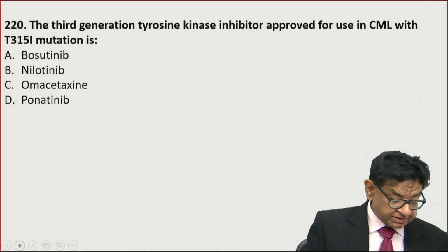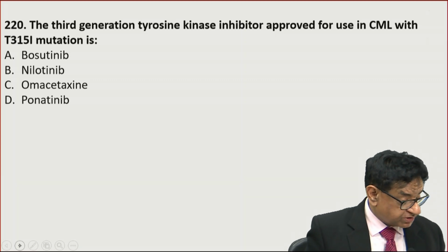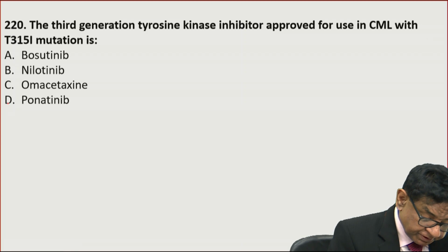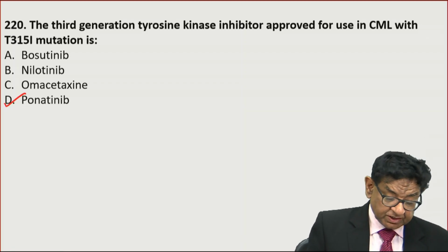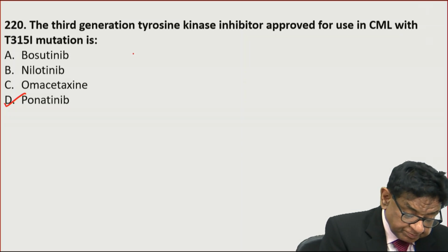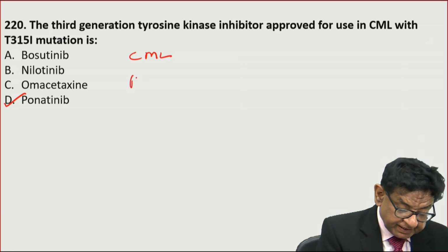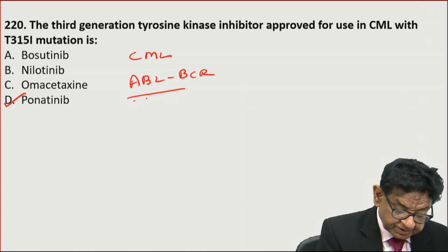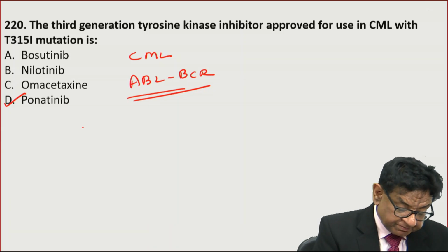Third generation inhibitor for CML: the answer to this question is ponatinib. Well, we are all aware that in case of CML, there is a BCR-ABL translocation, and this is mediated by the enzyme tyrosine kinase.